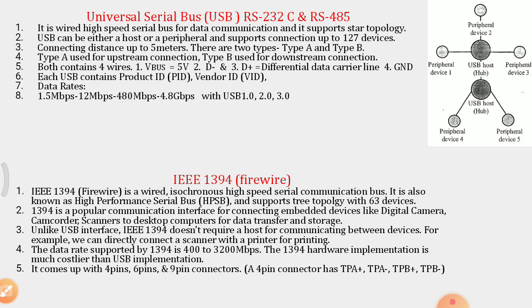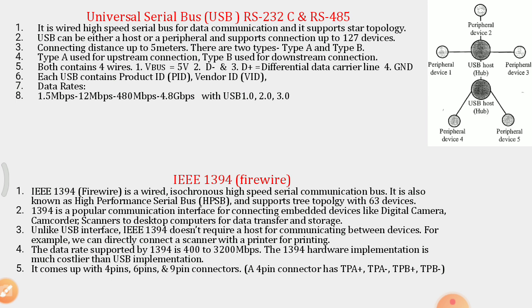Next we will go for Universal Serial Bus, USB. In the right side top we can see the figure of USB. It's not an RS232, it's a USB. The USB is a wired high-speed serial bus for data communication, where the devices are connected in a star topology.